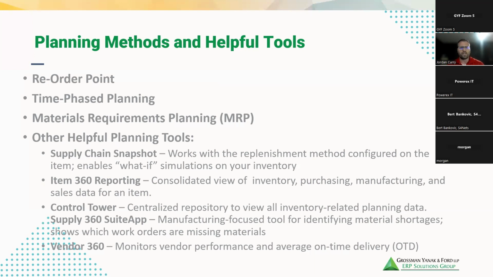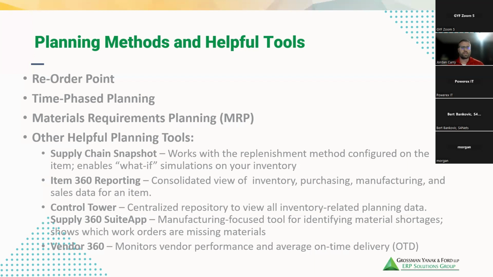Item 360 is more item specific, not looking at all the items. If you want to drill into one item, Item 360 is good for that. The control tower is across all of your planning orders, looking for late work orders, late purchase orders, late sales orders, things of that nature.